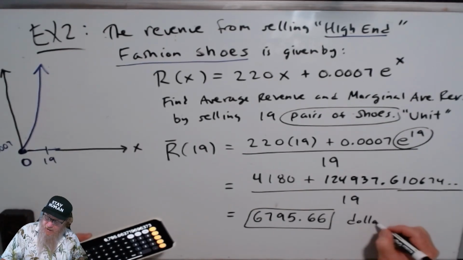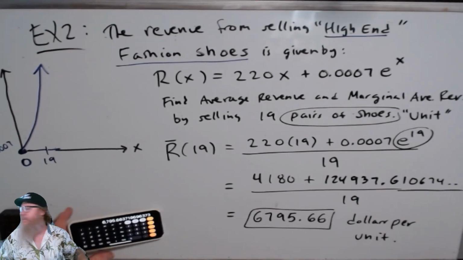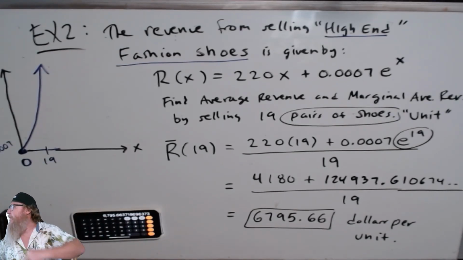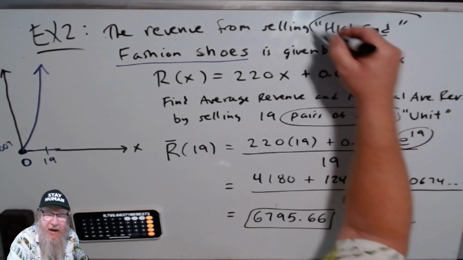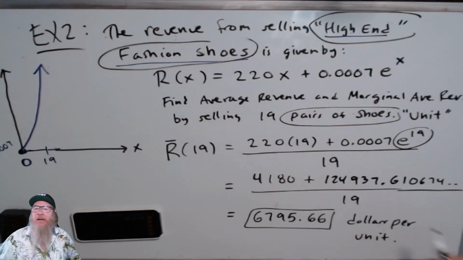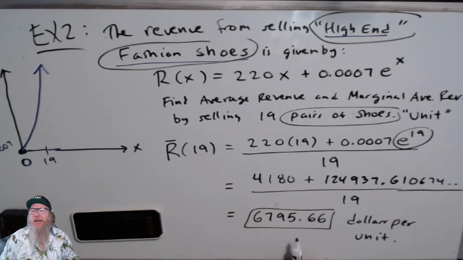So this is dollars per unit. Not bad. That's why they're high-end fashion shoes. You only have to sell 19 pairs of shoes, and the average would be $6,795.66 per pair of shoes or per unit.